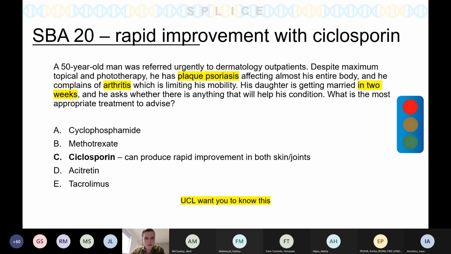Whereas cyclosporin, which this guy had, works a lot faster. Not sure why that is in terms of cellular pathways and what have you, but usual go-to, methotrexate. In certain cases, if you want really fast response, cyclosporin, and we may or may not have had a question on that.